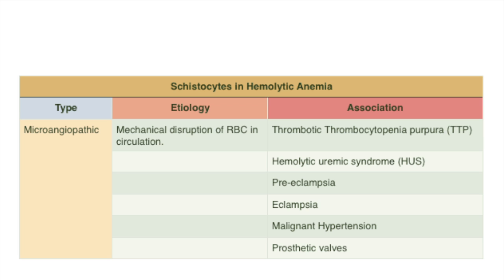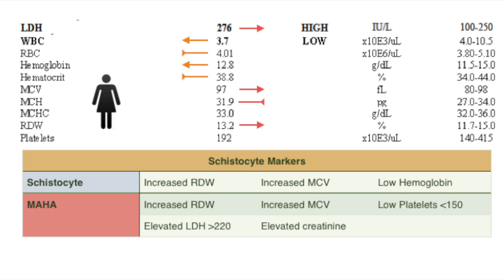In particular, one of the two major syndromes of thrombotic thrombocytopenic purpura or hemolytic uremic syndrome, with an unfavorable prognosis in the absence of treatment. Markers for the possible presence of schistocytes are increased RDW and MCV with low hemoglobin. Microangiopathic hemolytic anemia markers are the same, but with the addition of elevated creatinine and LDH above 220.